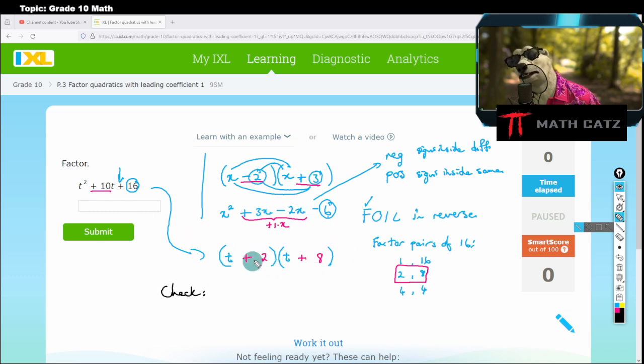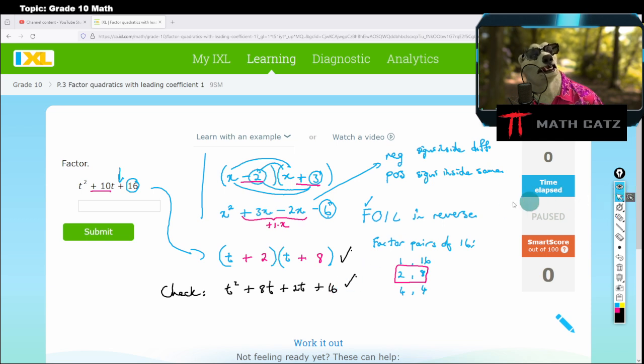And if it matches, then this was correct. So first ones, outside ones, 8t, inside ones, last ones. And you see that's exactly what we're going to get, and therefore this was correct.